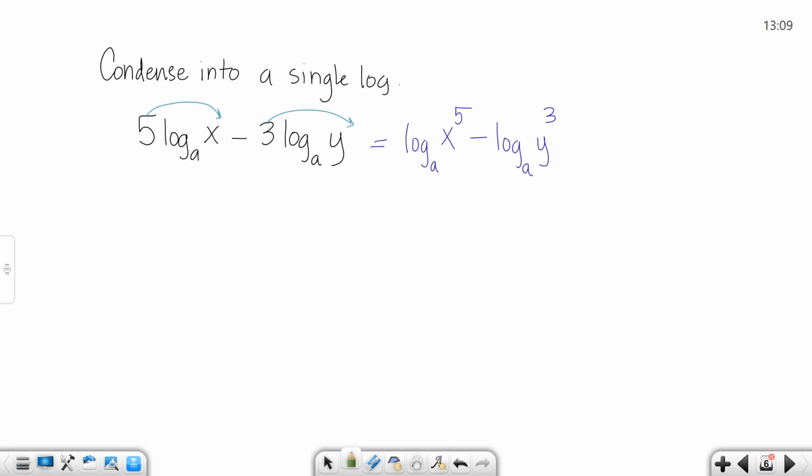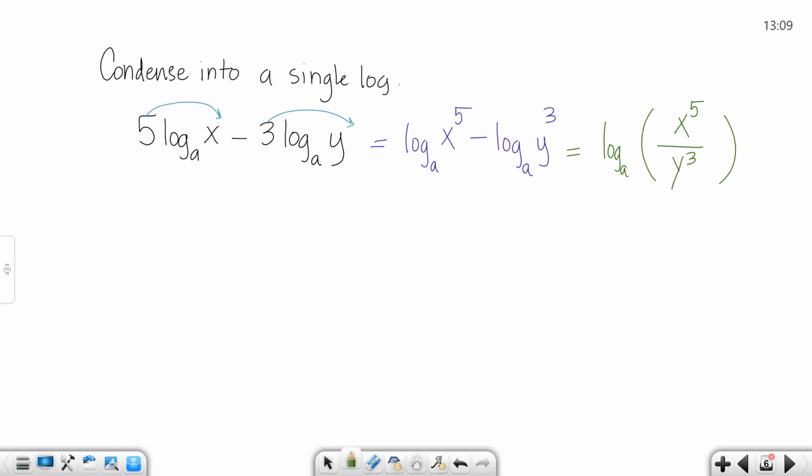The next thing I want you to do is write it as log base A, and I'd like for you to open your parentheses. Okay, I'm going to have a single log of log base A. Go ahead and open your parentheses here. Now you have to decide where the x and the y go. You see that they're being subtracted. If the logs are subtracted, you divide the terms. So that means x to the 5th would be on the top and y to the 3rd would be on the bottom.